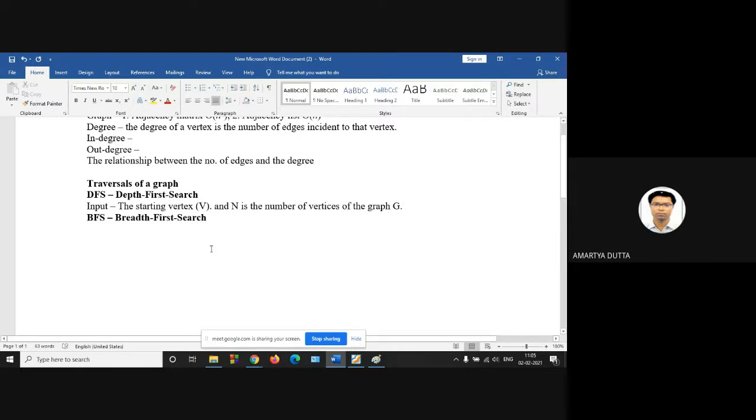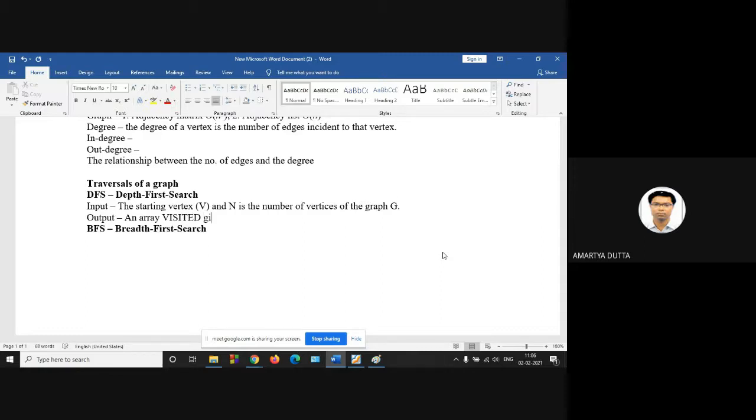Total two inputs are given. And the output is an array visited.